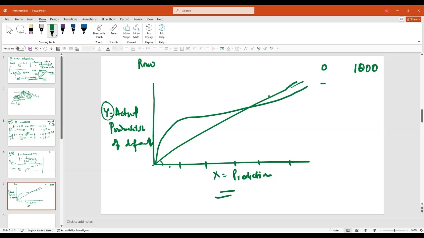In this case, for example, the model's predicted probability was lower, while the actual probability of default for that bin was even higher. So you were undershooting the actual probability of default, and in some cases you might also see something like this.